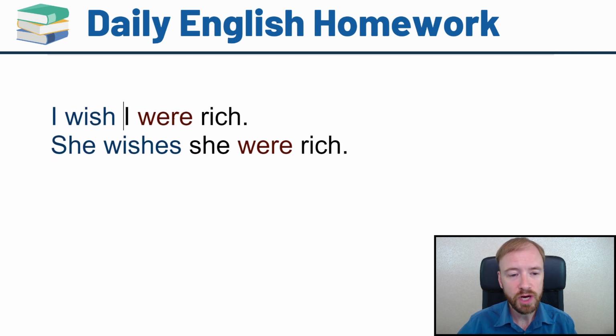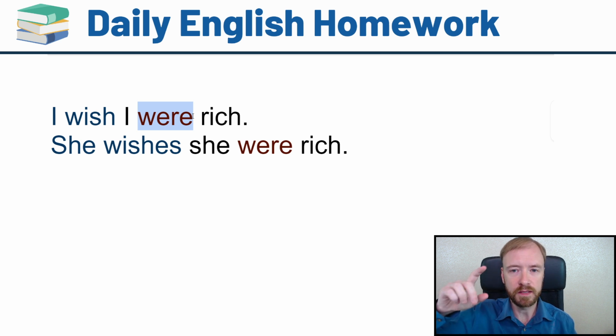I wish I were rich. Now, normally, we put was when we're talking about simple past, because you would say, I am rich, in the simple past of am, I was rich.